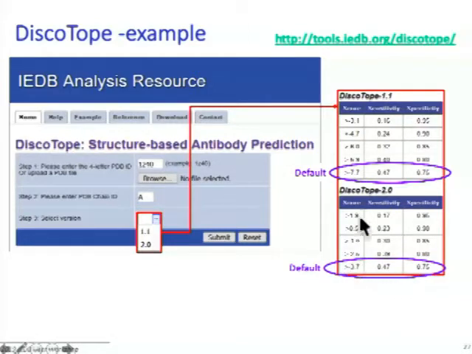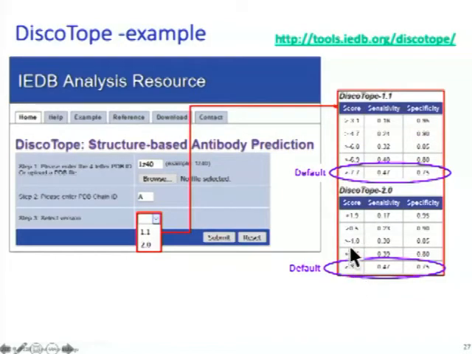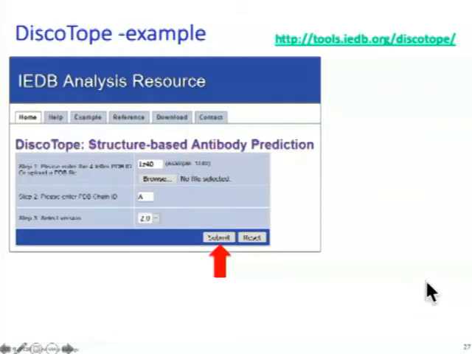The thresholds have changed quite a bit from DiscoTope 1.1 to 2.0. For 2.0, the threshold of 3.7 is associated with 47% sensitivity and 75% specificity, which we would normally recommend as a default threshold.